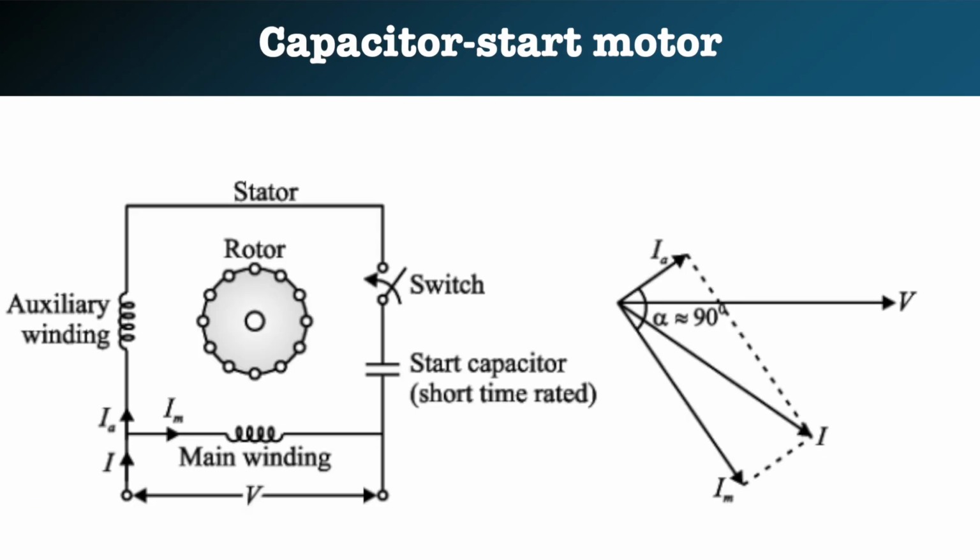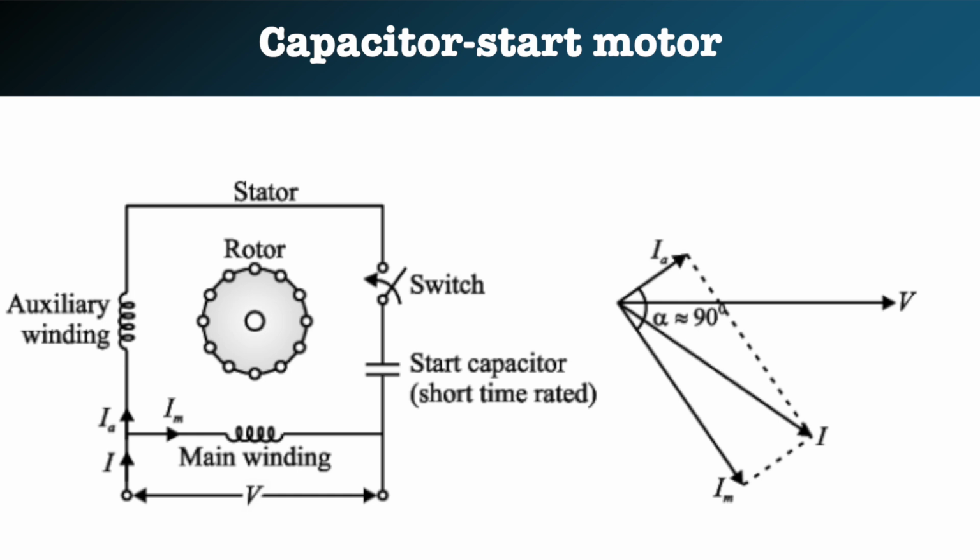It requires only an auxiliary winding placed at a space angle of 90 degrees from the main winding. It does not need anything except for a centrifugal switch, as the auxiliary winding is used as a starting winding. But the main problem is low starting torque in the motor.